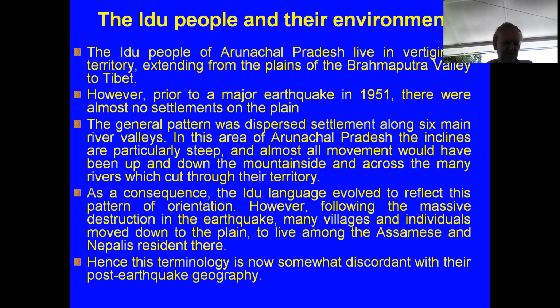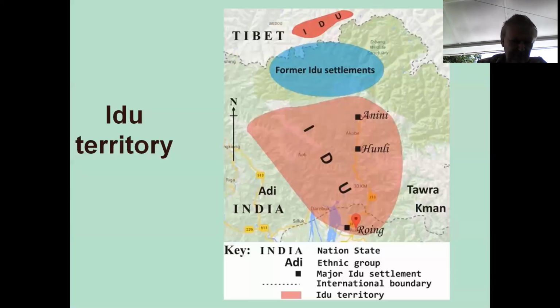So they moved down to the plain, and they now live among Assamese and Nepalese residents there. So there is now, as it were, a certain dissonance between the terminology in the language and post-earthquake geography.